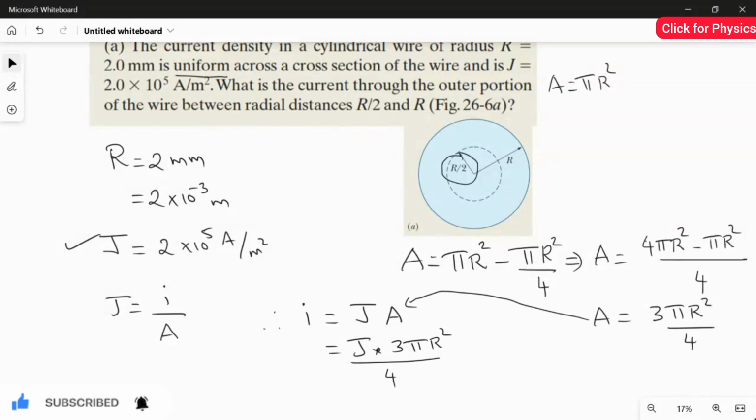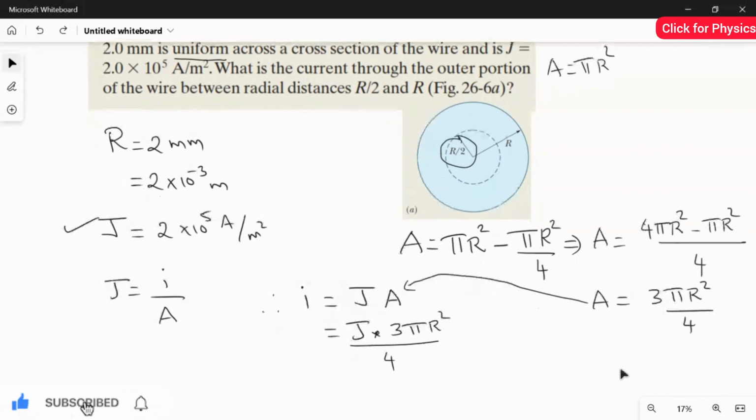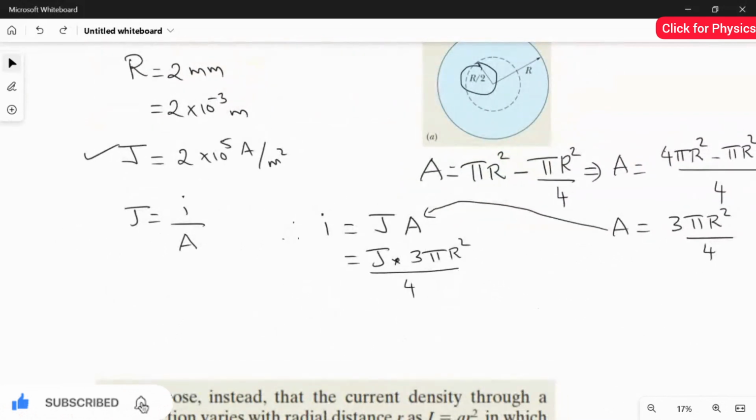So substitute the value here. If you substitute the value for the current density, current I is equal to current density value 2 multiply 10 power 5 multiply with 3 pi, and the radius is 2 millimeter.